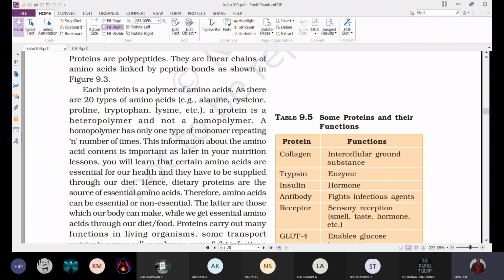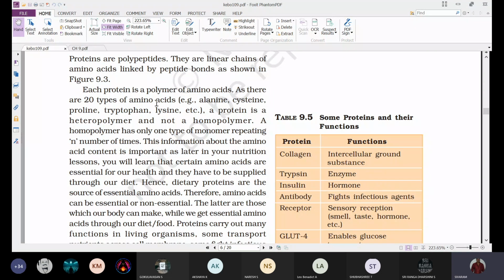We'll find alanine, cysteine, proline, tryptophan, methionine, glutamic acid, glutamine, histidine. Like this, different types of amino acids are arranged in a linear manner to form a protein molecule.